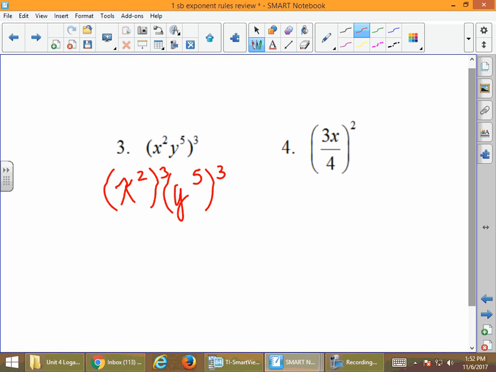And when we have an exponent raised to another exponent, that's when I start talking about superpower. And all that superpower means is that we need to multiply those exponents. So x squared cubed is x to the 6th, 2 times 3. Y to the 5th cubed is y to the 5 times 3, which is 15.